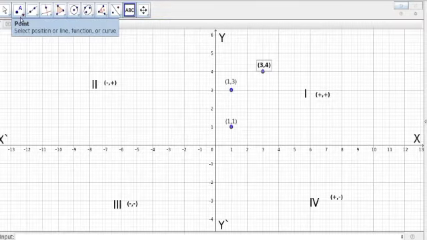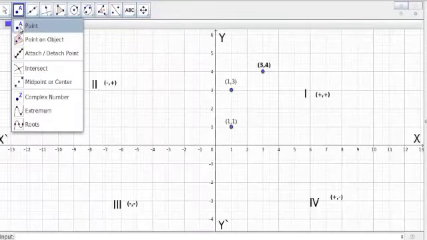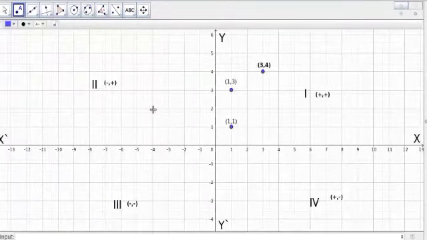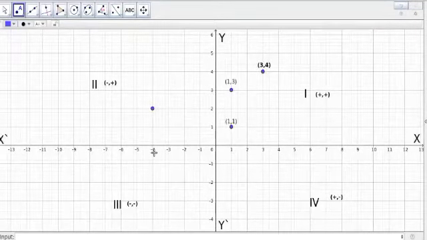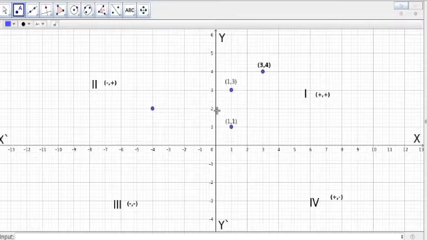Then what about this point? See this point, if we draw two perpendicular lines, the perpendicular line touches the x-axis at -4 and the y-axis at 2.